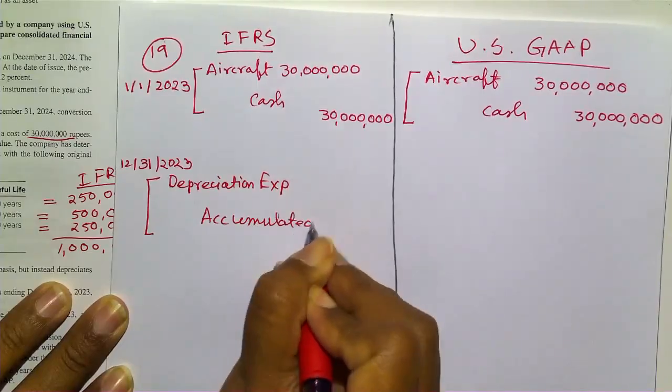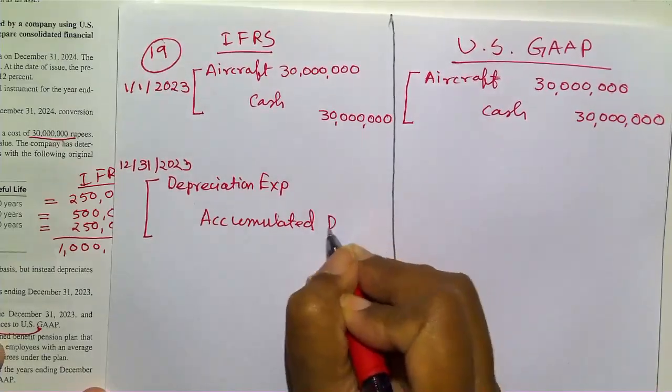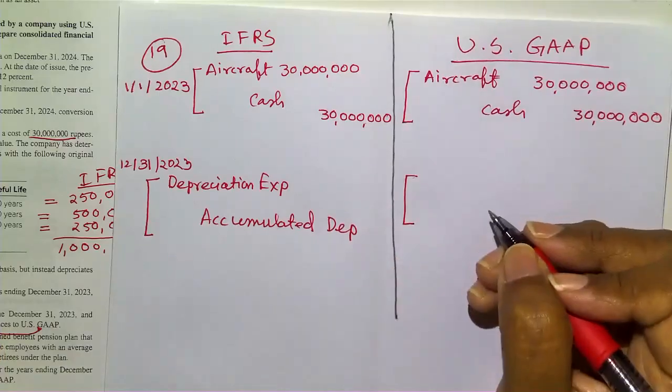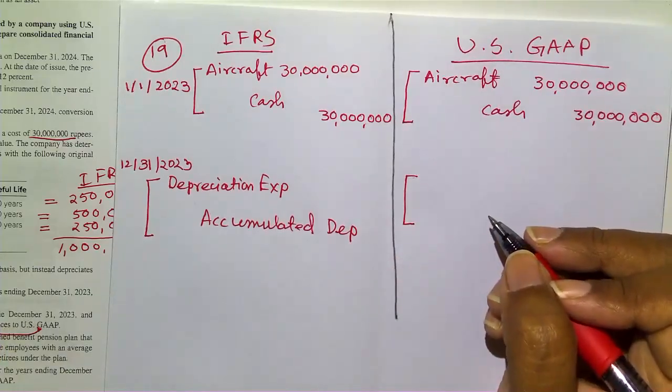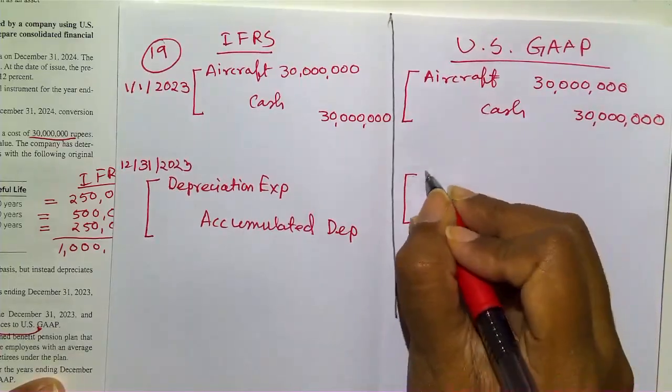And you know what? It's the same entry for IFRS and GAAP, the same accounts, but just the numbers will be different. Because this is a universal journal entry. If the company would follow US GAAP, they will record the same accounts.